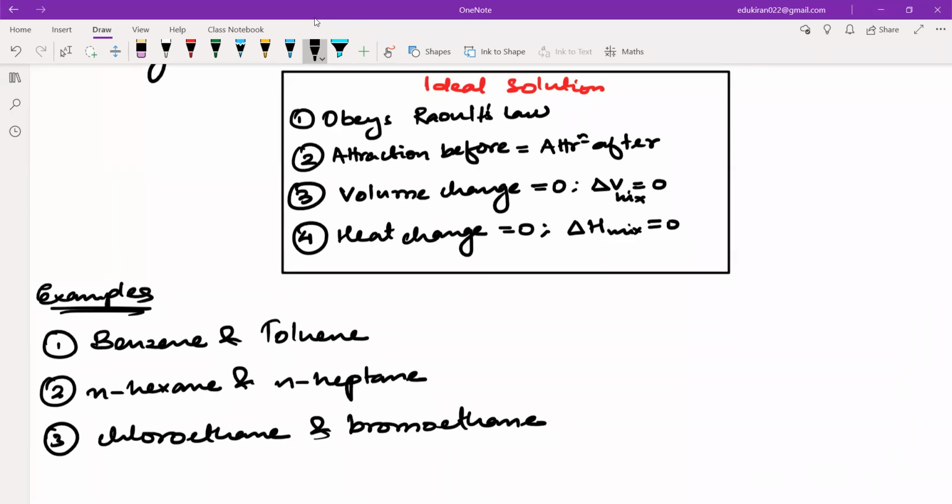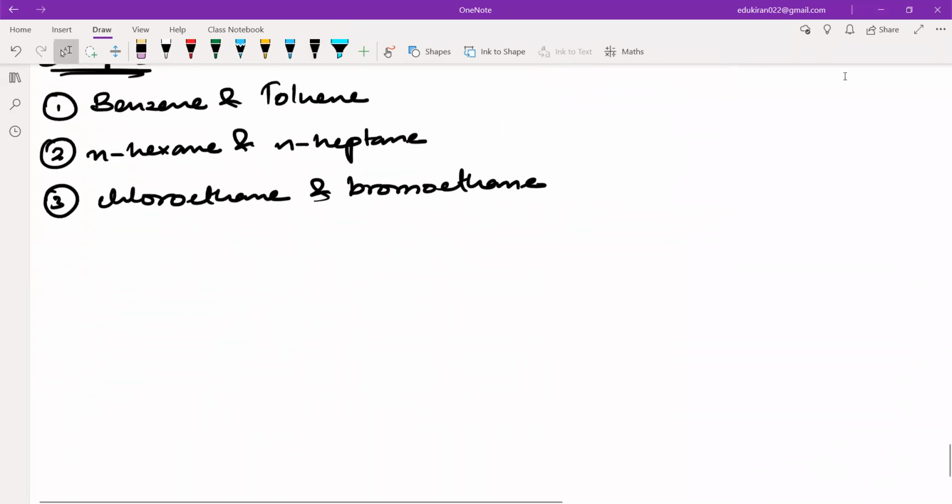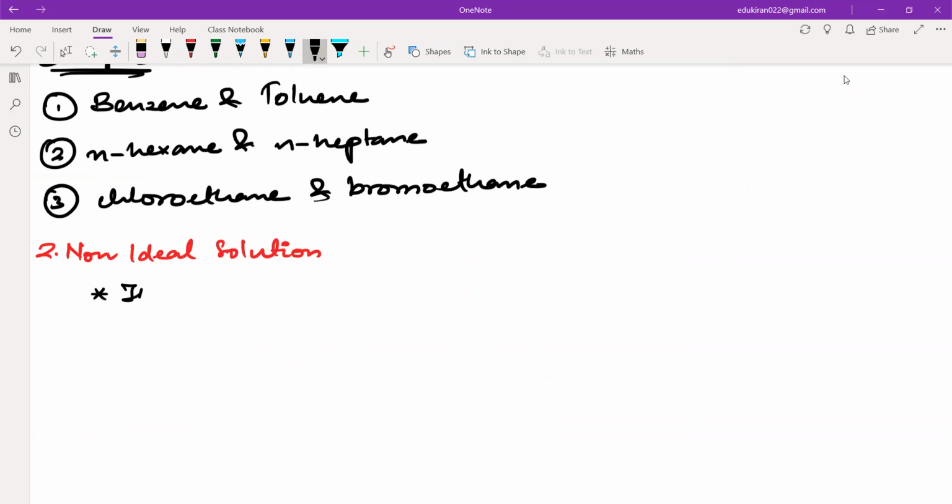Okay, now non-ideal solution तो और जल्दी हो जाएगा because you have already done it. That means explanation तो हो चुका है उसका. Second is non-ideal solution. Now non-ideal solution is what?